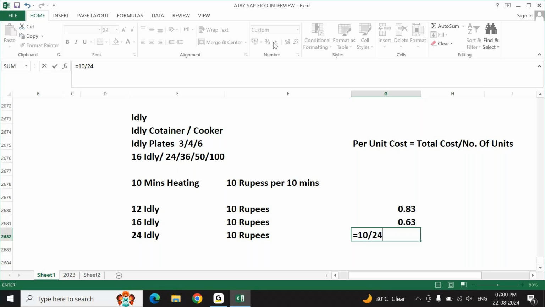If you see this, the moment you are increasing the quantity, or increasing the production output, your fixed cost is getting reduced per unit. Yes or no?